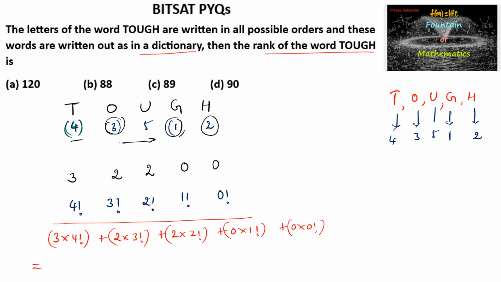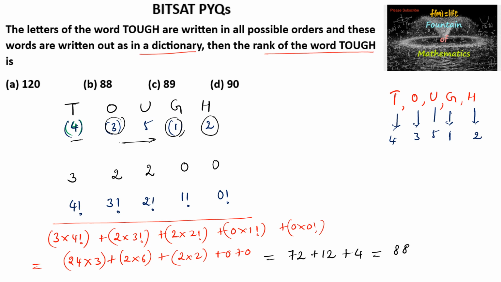So 4 factorial is 24, 24 into 3, plus 3 factorial is 6, 2 into 6, and again 2 factorial is 2, 2 into 2. And here it is 0 and 0. So we can write 24 threes are 72, 2 sixes are 12 and 2 twos are 4. So we can write 84 plus 4, 88.